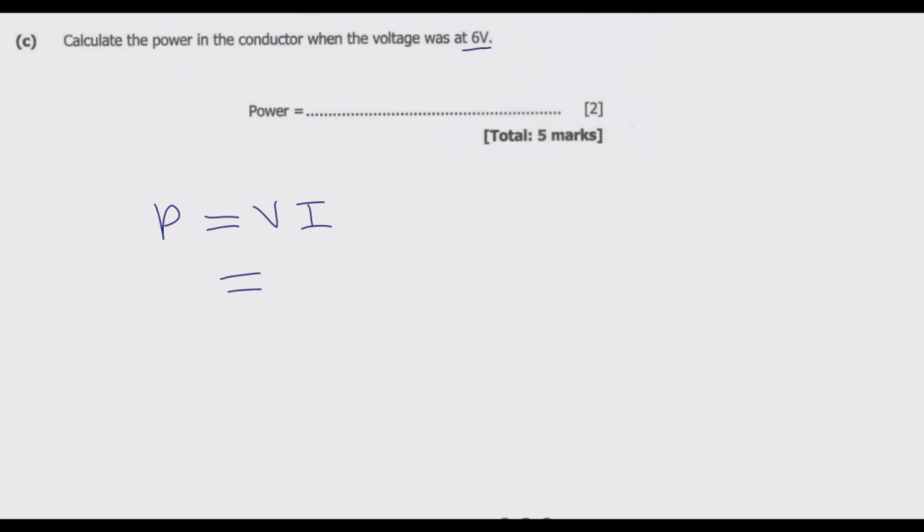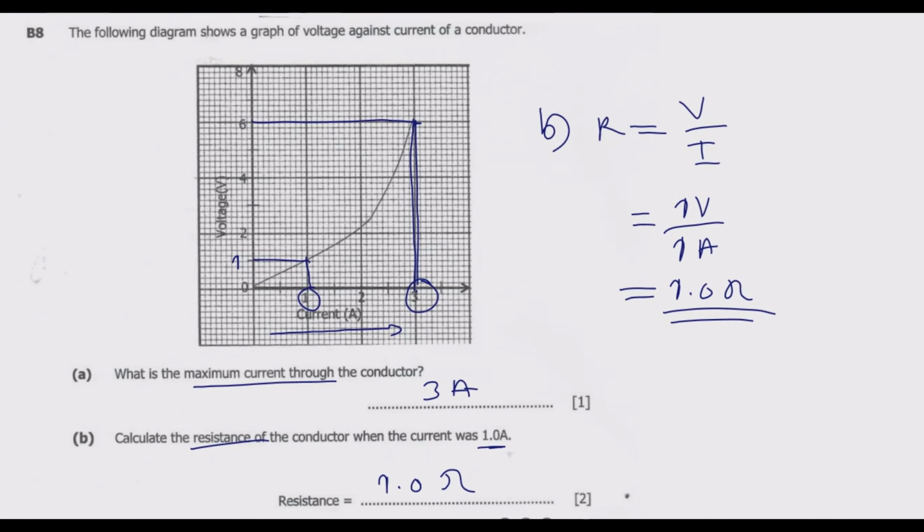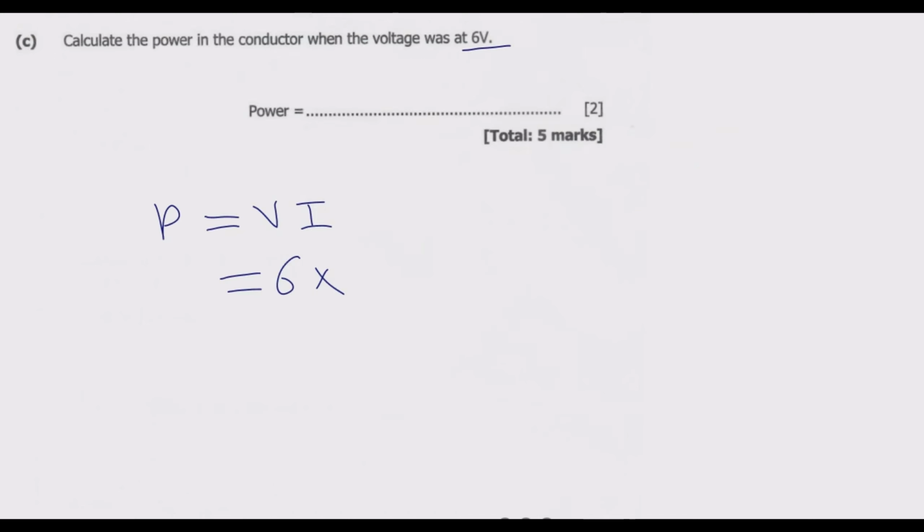We know that the voltage is 6, so 6 multiplied by the current when the voltage is 6. When the voltage is 6, what's the current? The current is 3. So we multiply and end up with 18.0 watts. This is the power in this conductor.